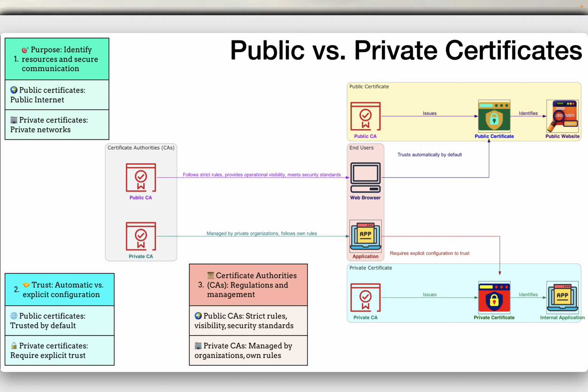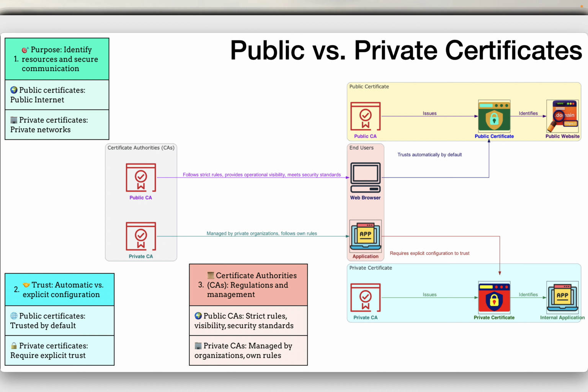This is important because when you use your browser to, let's say, go to https://google.com, your browser already has a list of public certificate authorities, and because of that, it knows whether google.com is issued by a trusted CA. That is why we have some regulatory requirements and strict rules which must be followed, and that's why it is automatic. There is no configuration you have to do in your browser to trust google.com or some trusted websites.